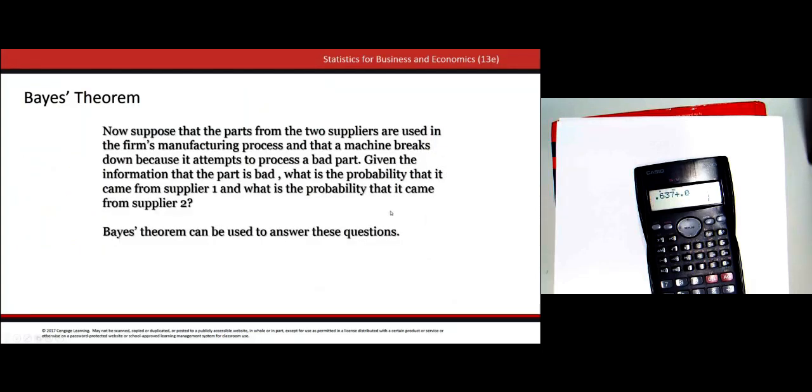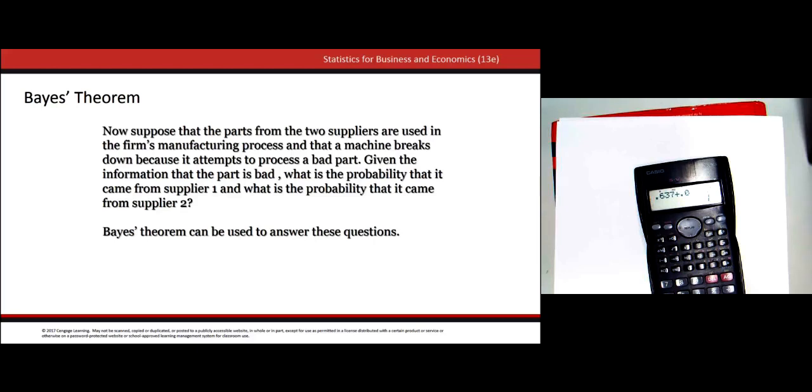Now this is the question. Suppose that the parts from the 2 suppliers are used in the firm's manufacturing process, and then the machine breaks down because it attempts to process a bad part. So we know that the part is bad.